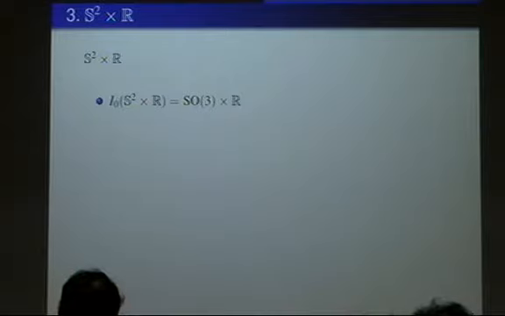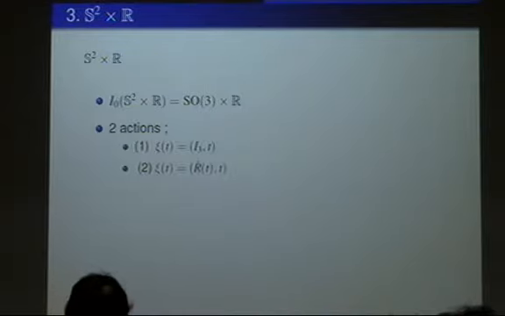How about the next case, S2 cross R? The isometry group is just the product of the isometry groups of each factor. There are two free actions in this case. The first one is just the translation along the R factor.